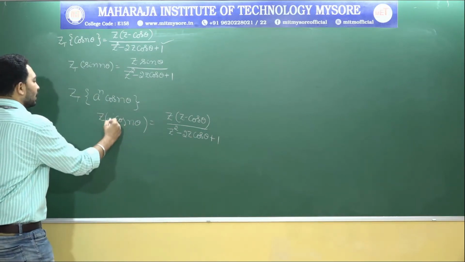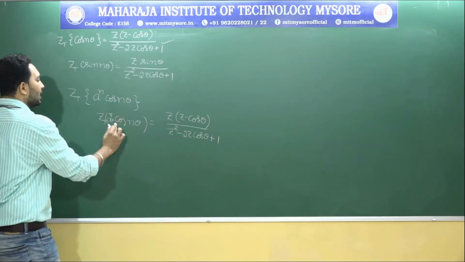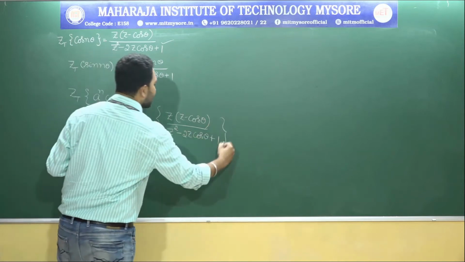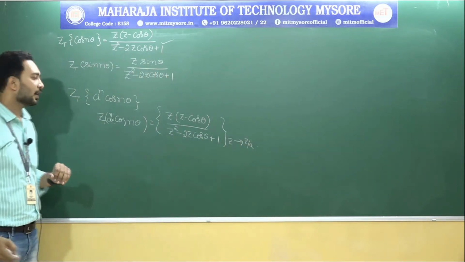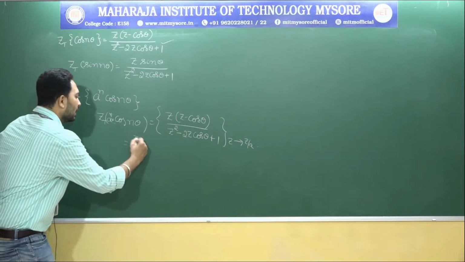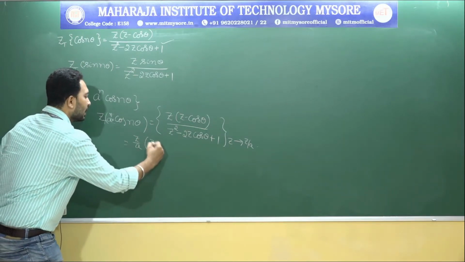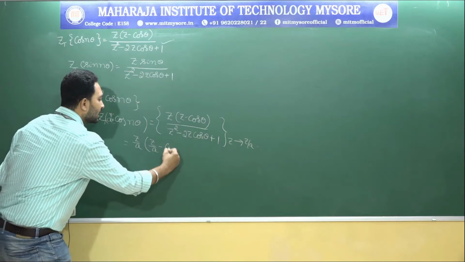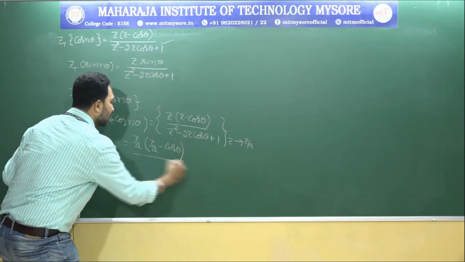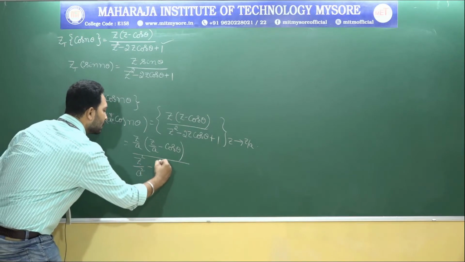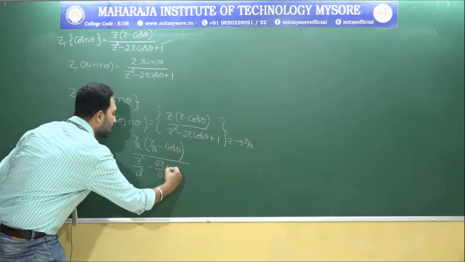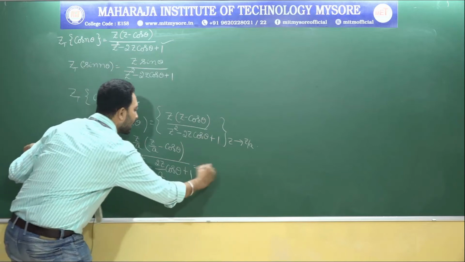If we apply a power n, then replace z by z by a. So we get z by a into z by a minus cos theta divided by z square by a square minus 2z by a cos theta plus 1.